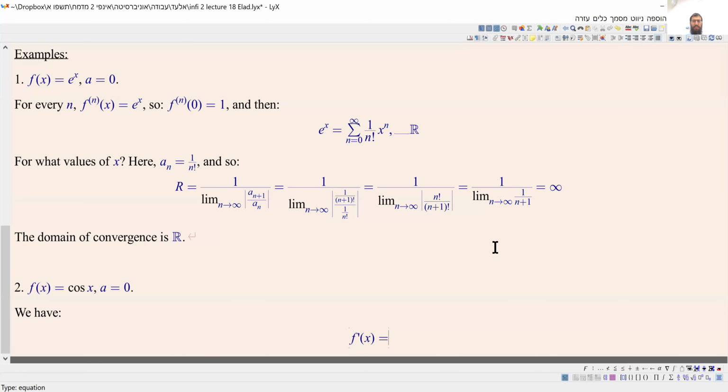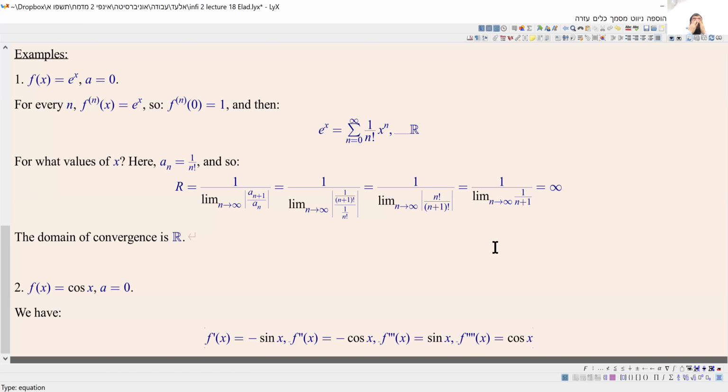Okay, the first derivative is minus sinus. The second one, however, is minus cosinus. The third derivative is sinus. And the fourth derivative is cosinus again.